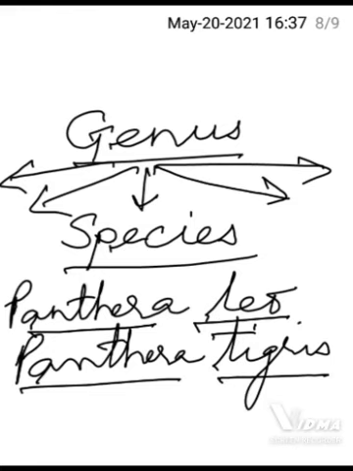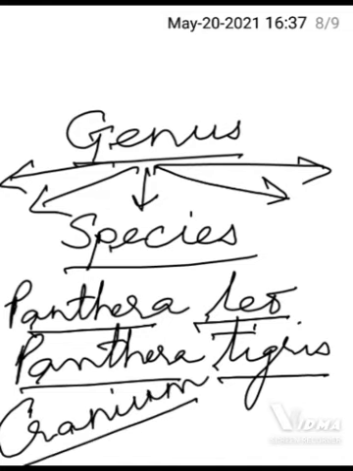But on what basis have they been put into the same genus? On the basis of some morphological similarities, that is, there is some kind of external or morphological structure that is similar in both these organisms. And in this particular example that we took, the cranium is similar. There are some similarities in the cranium, that is the skull, in these two animals.